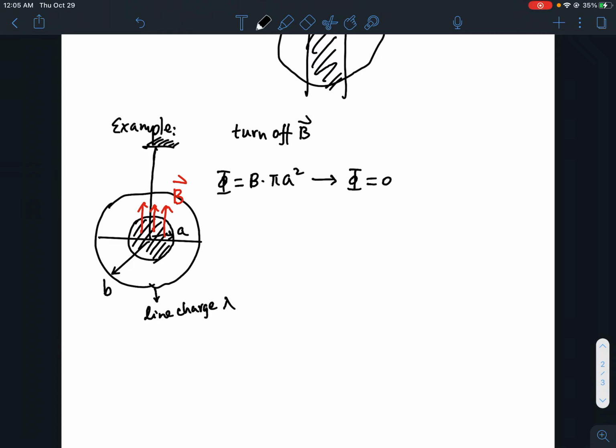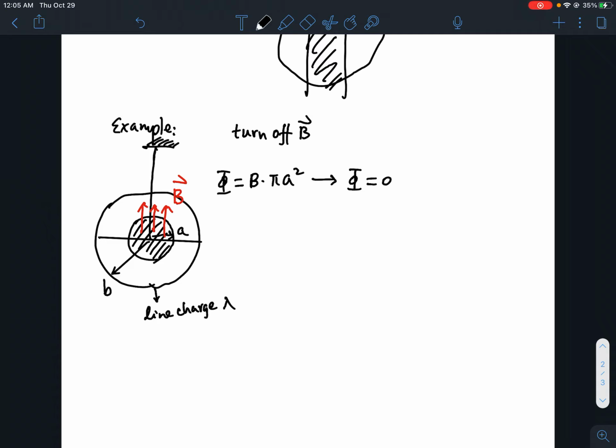So now remember we wanted to use Lenz's law, really nature acts to oppose a change in the flux. So the B is originally positive along the Z direction, and then it suddenly becomes 0.